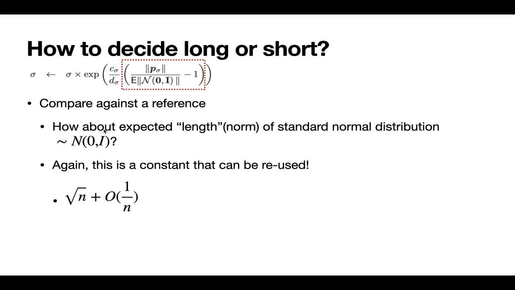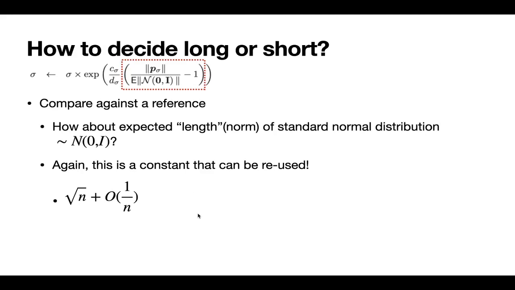What I mean by that is, given this normal distribution, if we were to sample an infinite amount of times from it, what is going to be essentially the average length of the vectors that we have sampled? That is actually a constant whose number depends upon the dimensionality of the parameters. So we can, again, compute this at the beginning and just reuse the same number throughout evolution.